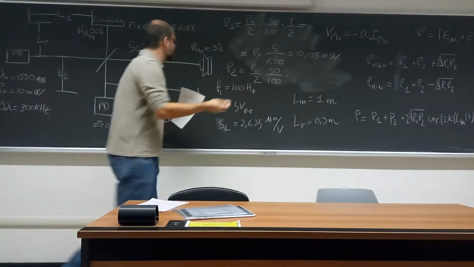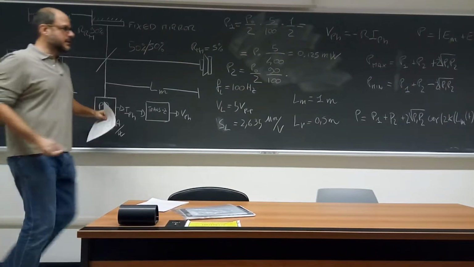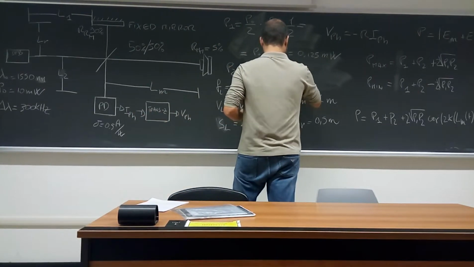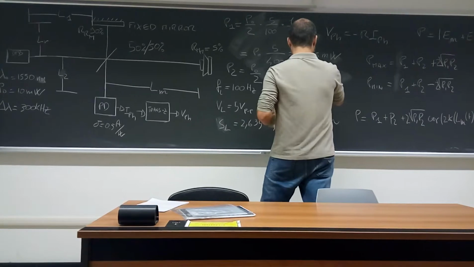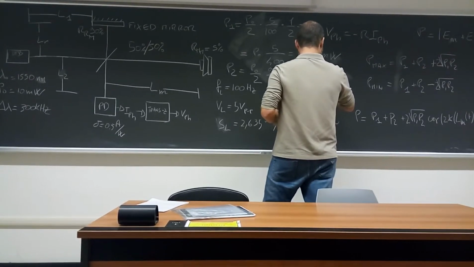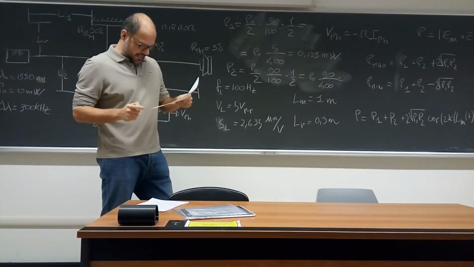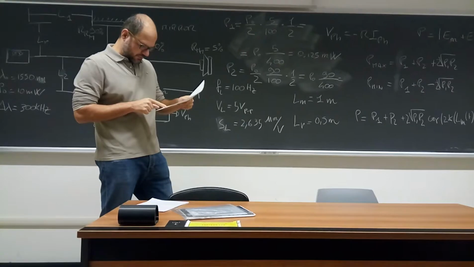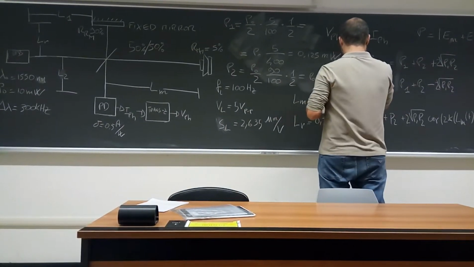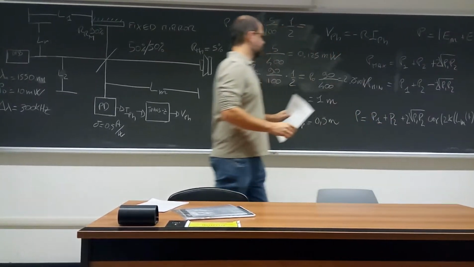And then we have again a loss of 2 because we have transmission by the loudspeaker. So what we get here is P0 multiplied by 90 divided by 400. Okay? And this is equal to 2.25 milliwatts. Okay?